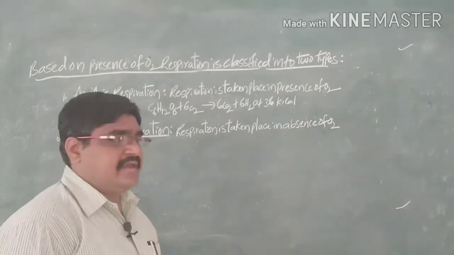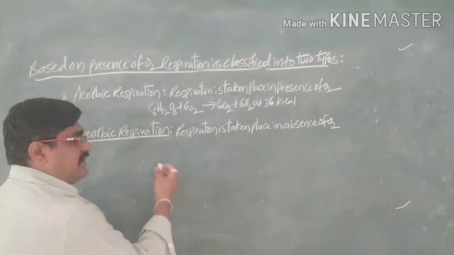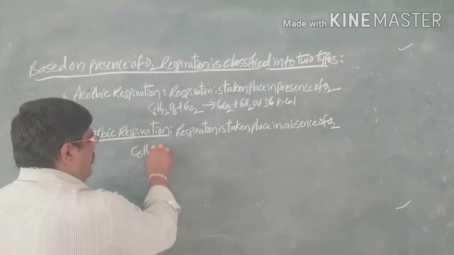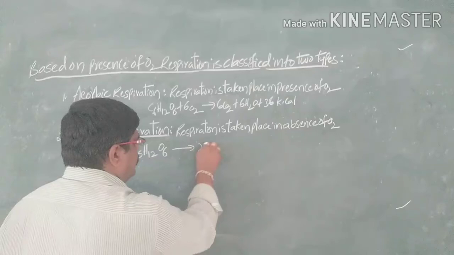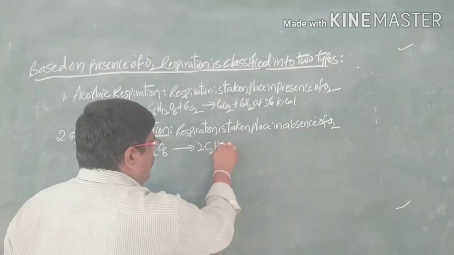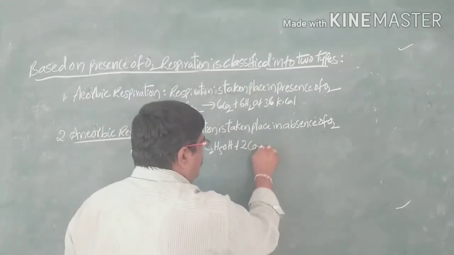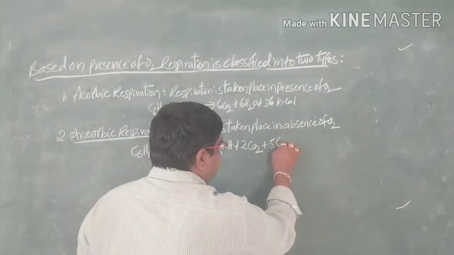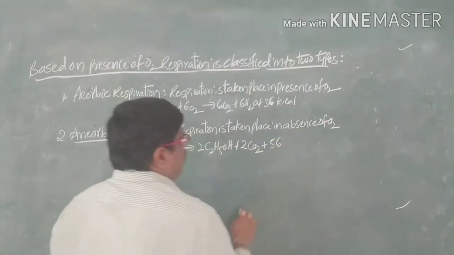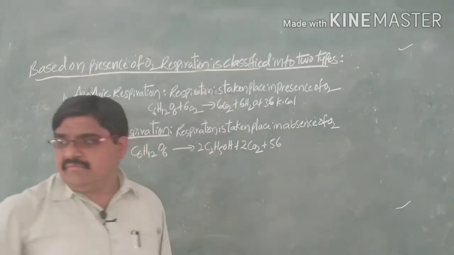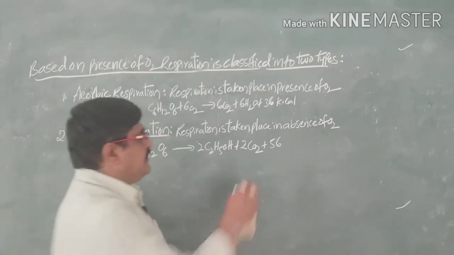In anaerobic respiration, C6H12O6 gives 2C2H5OH plus 2CO2 plus energy. Here we get only 2 ATP molecules.